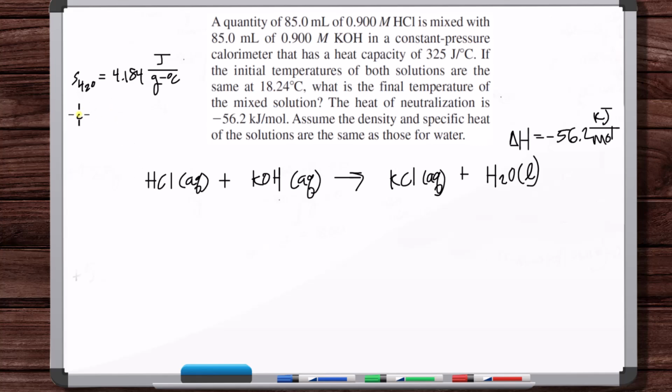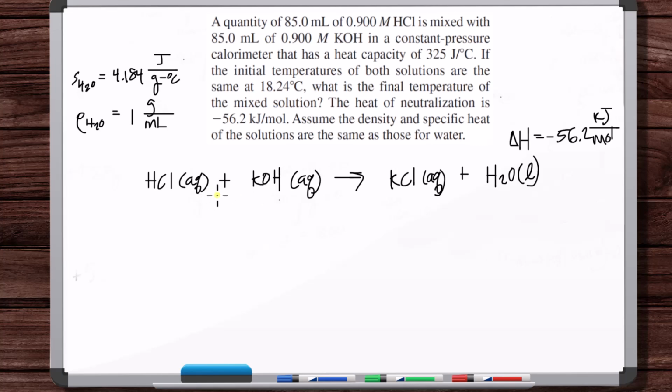And then the density of water is 1 gram per cubic centimeter, which is 1 gram per milliliter. A cubic centimeter and a milliliter are the same.